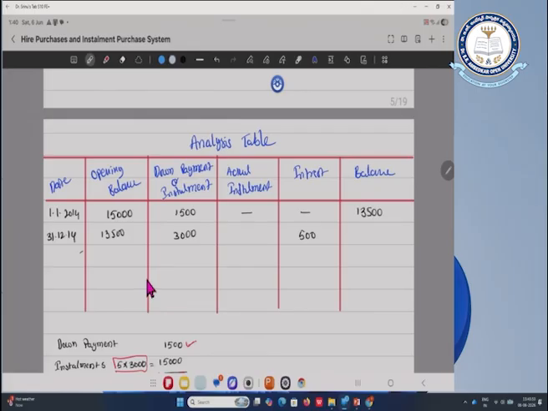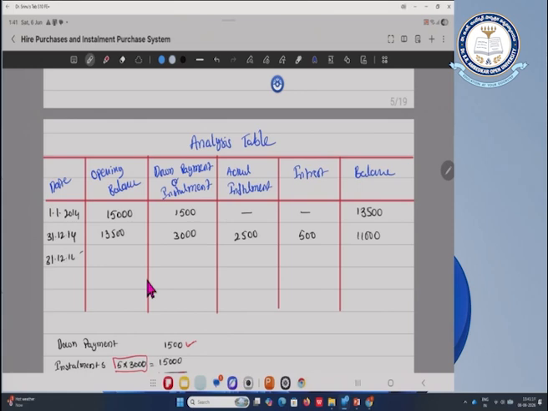After deduction of this 500 from this 3,000, that is 2,500, our actual installment. So, what is the remaining balance? 11,000 rupees.